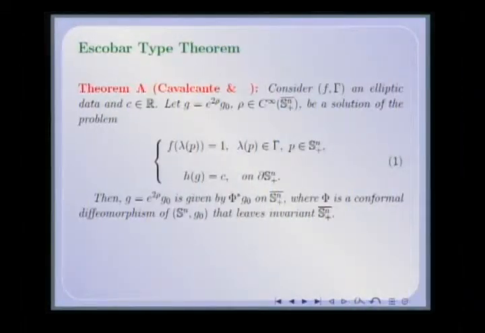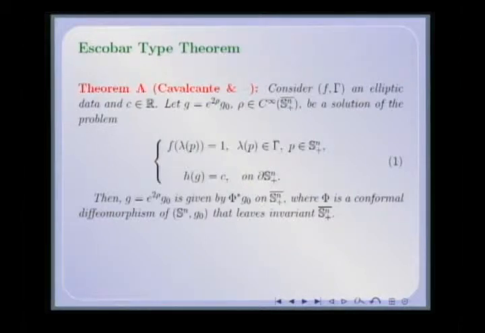So our theorem is the following. Suppose that we have an elliptic functional, and we fix some real constant here. If we have a solution to this problem, such that the eigenvalues of the Schouten tensor are equal to 1 through this elliptic function, and the mean curvature of the boundary is constant, then up to a conformal diffeomorphism of the sphere, the solution has to be the standard one.